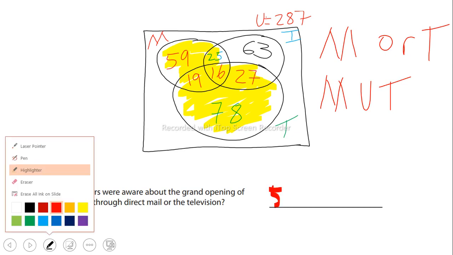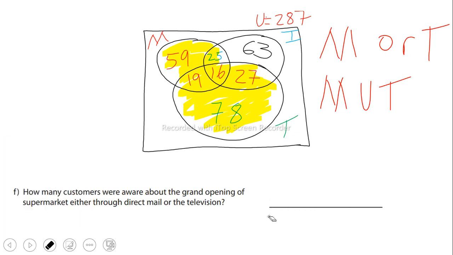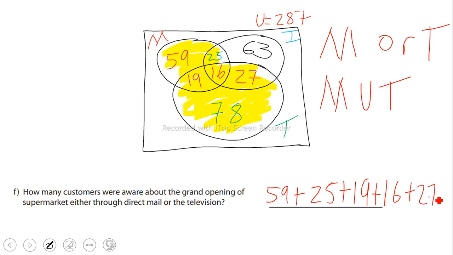I'm sorry, let me move the highlighter. It's going to be 59 plus 25 plus 19 plus 16 plus 27 plus 78. So 59, 25, 19, 16, 27, and 78.